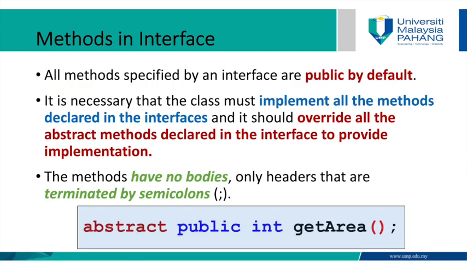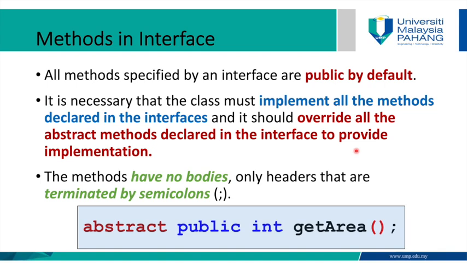So, methods in an interface. You list out all the methods in your interface. It is necessary that the class must implement all methods declared in the interface, and it should override all the abstract methods declared in the interface to provide the implementation.